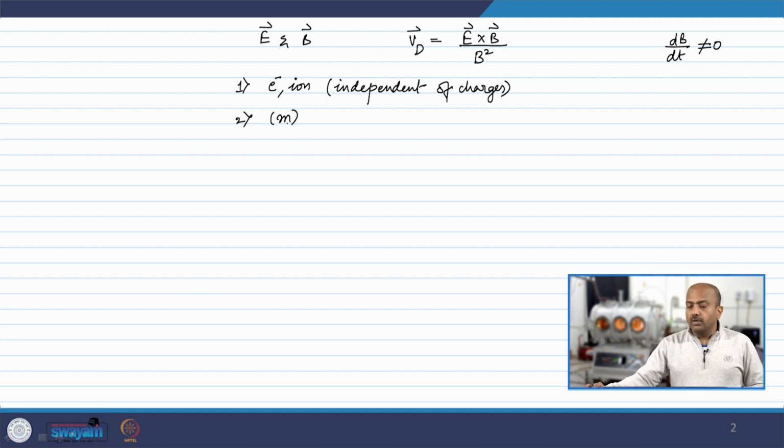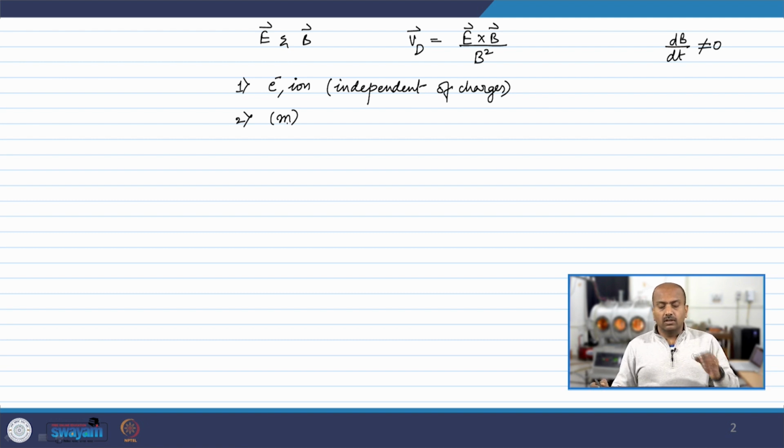So, if you have an electric field and a magnetic field in perpendicular directions, the velocity that is attributed to these two fields on a particle will be the same for electron as well as ion. Both the particles will move with the same velocity.